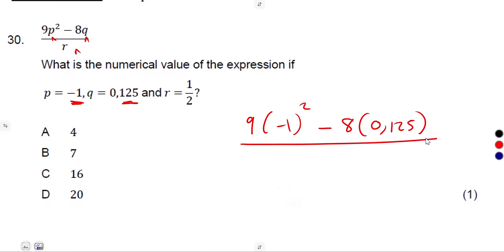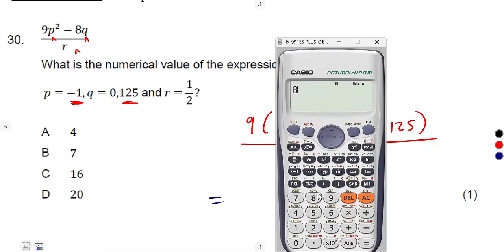That's why we have got the calculator, isn't it? And our r is 1 over 2. Okay, that's a single term. So like I said, guys, you can just use your calculator. It understands decimals as well. Use it.